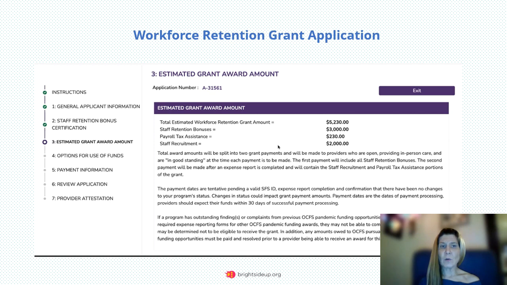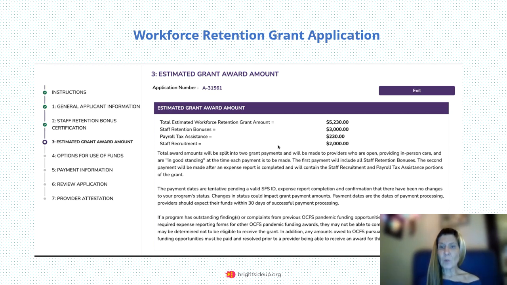So the first total that you're going to see is the total estimated workforce retention grant amount. That is everything together. So it's just literally the staff bonus, payroll tax assistance, and staff recruitment all added together to give you the total estimated awarded amount.